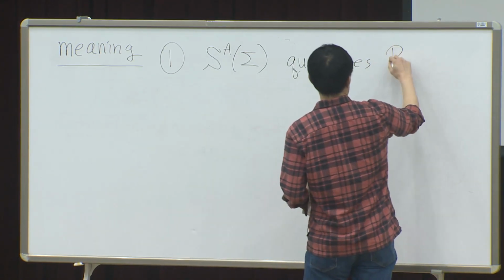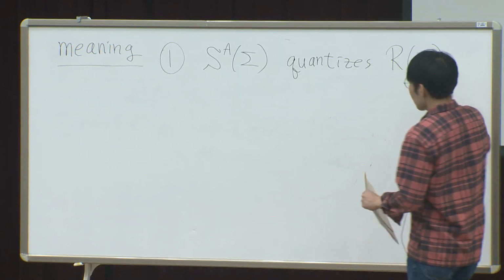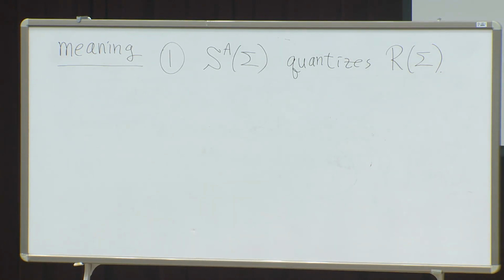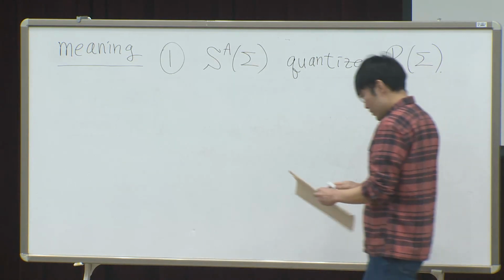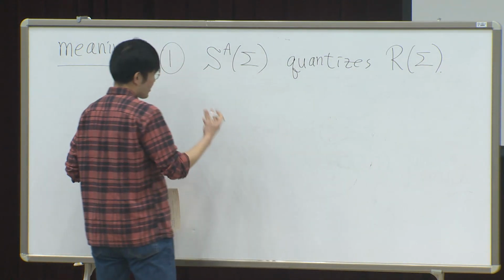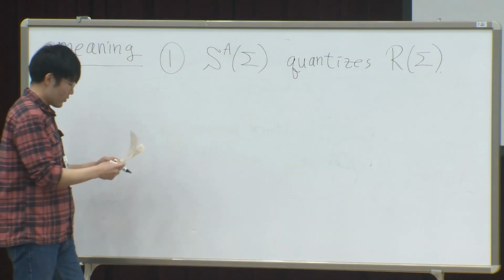the SL2 character variety. In particular, it means that when the quantum parameter goes to a certain value, in this case 1 or minus 1, you get a commutative algebra, and that commutative algebra exactly recovers the algebra of regular functions on the SL2C character variety that we have seen before. In this case, more natural is when A goes to minus 1 for some reason.